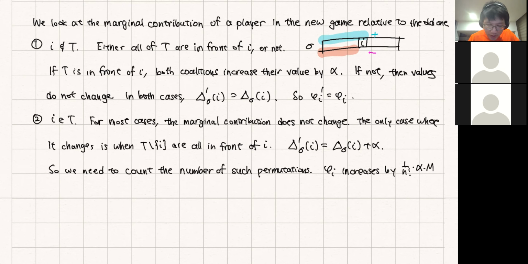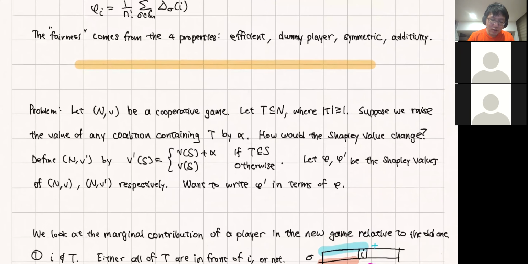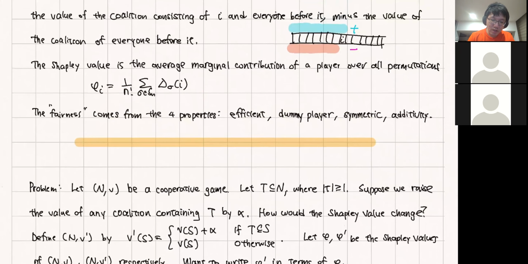Let's call it m, the number m of such permutations. So phi I, the Shapley value, will increase by this much, because if you look at the formula again, the marginal contribution increased by alpha for some permutations. So this sum increases by alpha times the number of such things, and then we divide by n factorial.